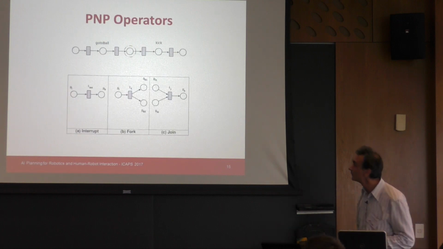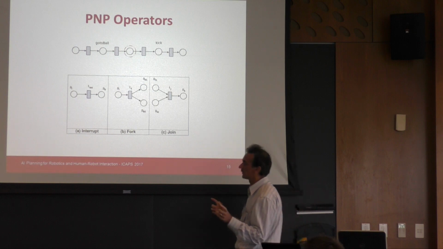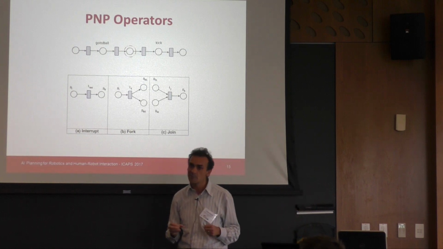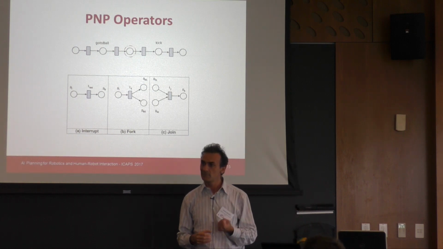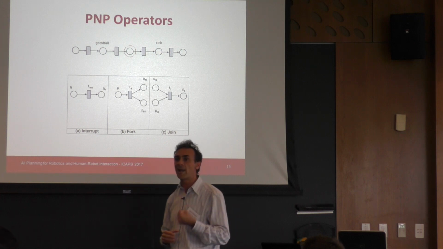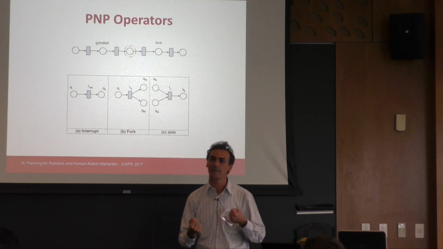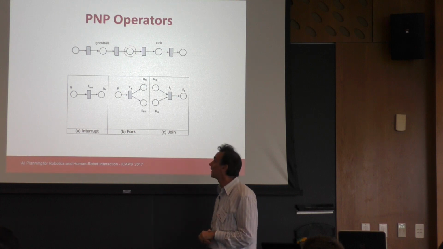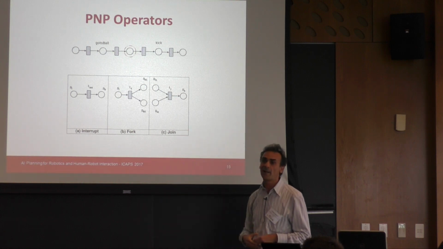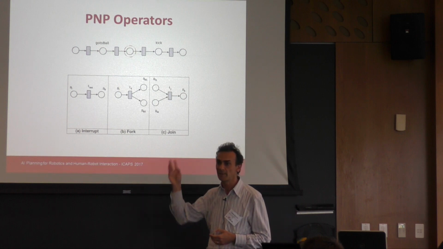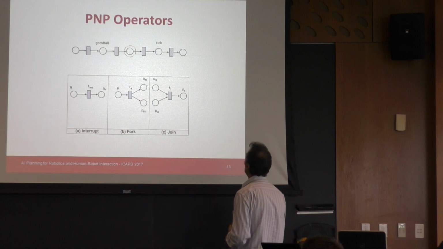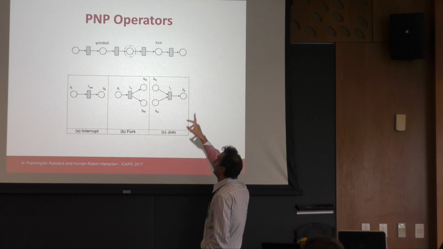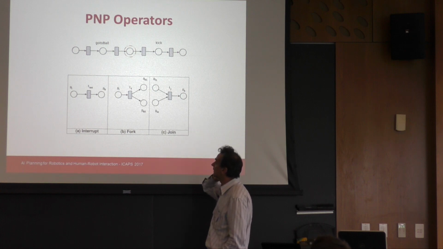So these are the two actions that we can define in PNP, and then we can use some operators. Very simply, the sequence operator just joins the end place of one action with the init place of another action. You take these two places, you merge them, and you have a chain of two actions, like what you see in the upper part of this slide.